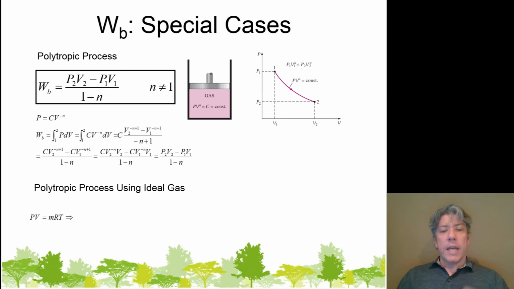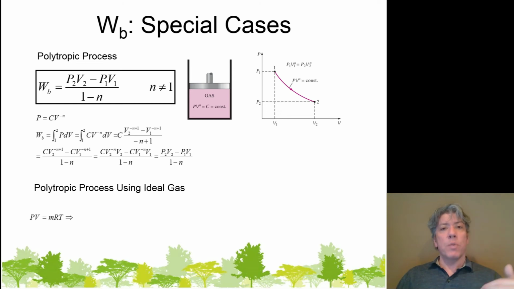Now, if we had a polytropic process that also involved an ideal gas, because understand polytropic processes don't necessarily involve ideal gases, even though PV to the n equals C looks kind of like an ideal gas equation. It's not. It's a totally different thing.